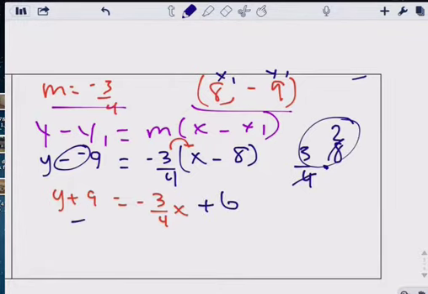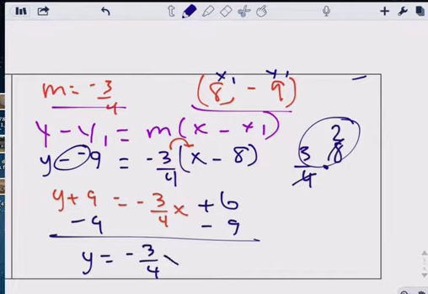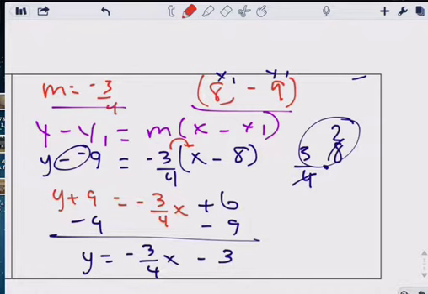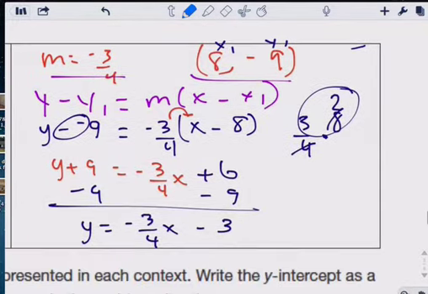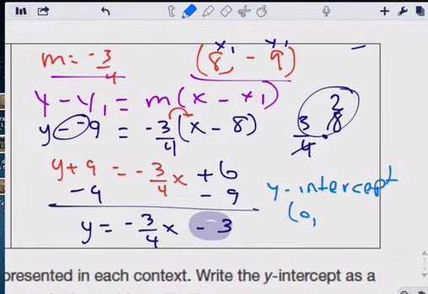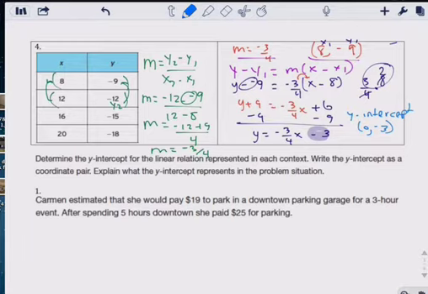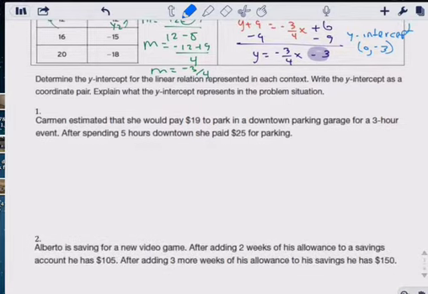That's it. Minus 9, minus 9. So y equals negative 3 over 4x minus 3. So your y-intercept is negative 3. So y-intercept is at 0, negative 3. Okay. Same thing.